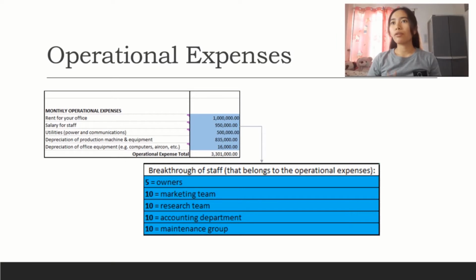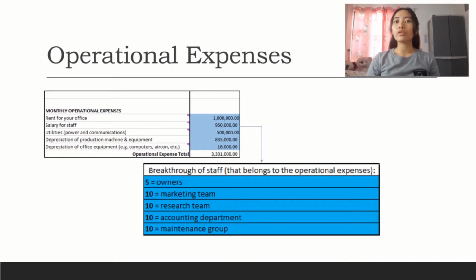If a staff worked 26 days in a month, his or her salary would be 13,312 pesos. But in our company, the salary of marketing, research, accounting, and maintenance staff starts at 20,000 pesos, which means approximately 769 pesos per day.